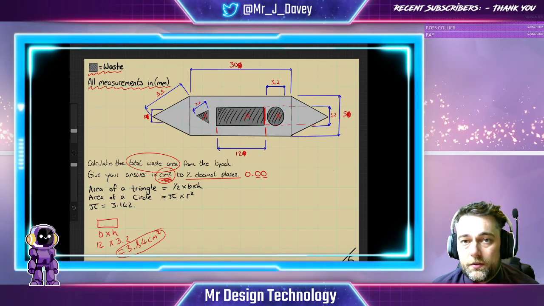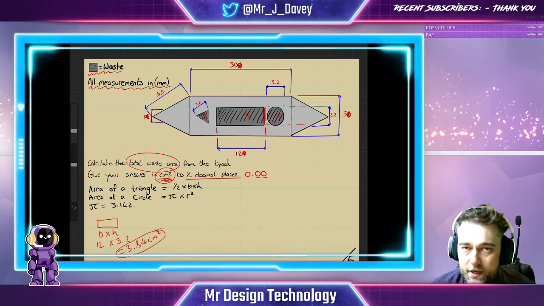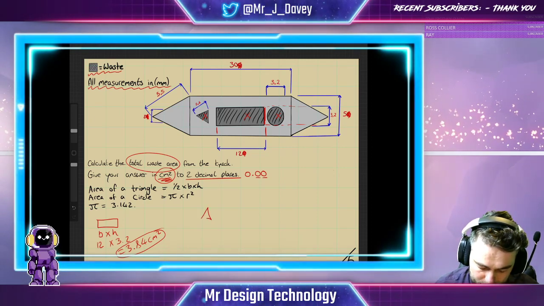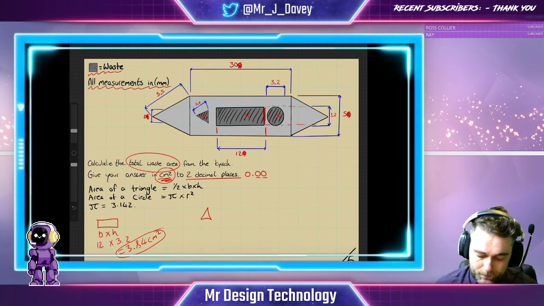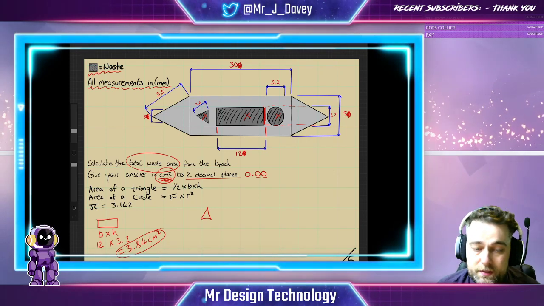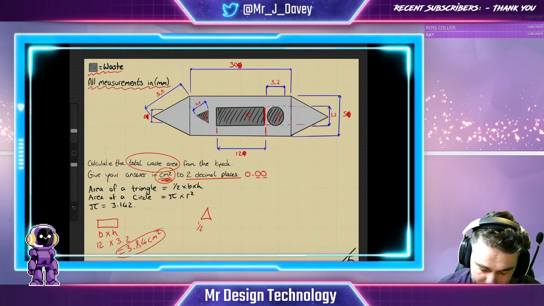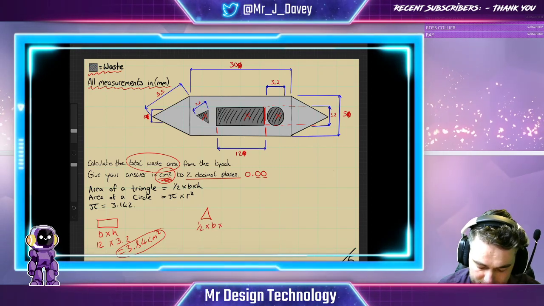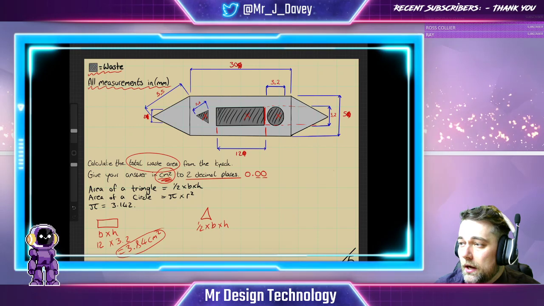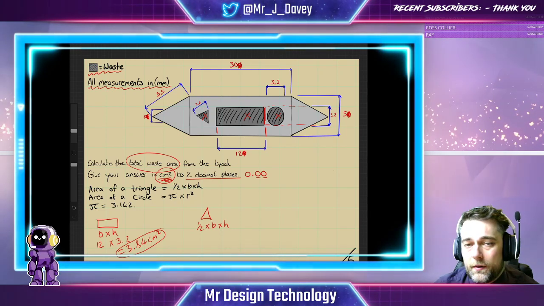The next one we're going to look at is going to be the triangle. So I'm going to put my little triangle in there and I'm going to do the same thing again, but this time it's half times the base times the height. I'll send it over so that you guys can go away and do it at home.